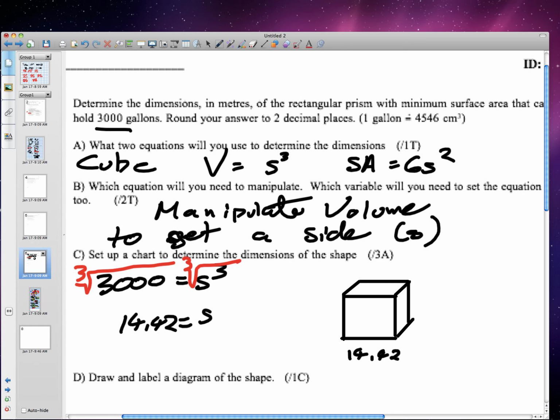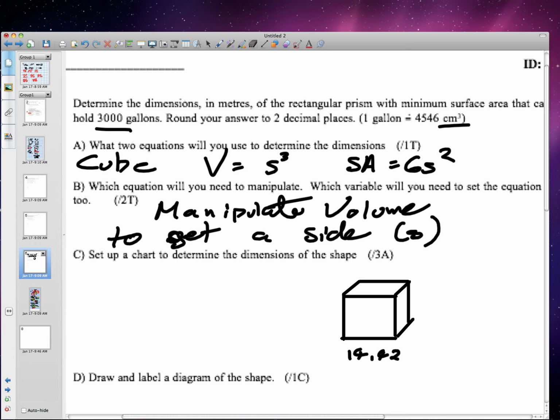Oh, we're in centimeters. Oh, I see, that's why. So, because this is in gallons, I did neglect to mention that, we do need to make that conversion we've put at the end here. So, 3,000 gallons, 1 gallon is equal to that many centimeters. We need to multiply 3,000 by 4, 5, 4, 6. Huge number.